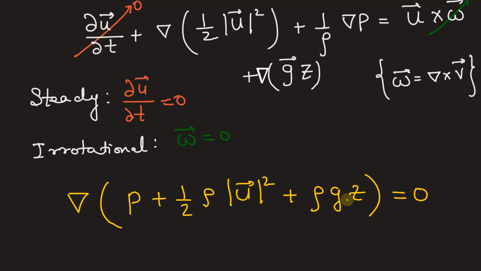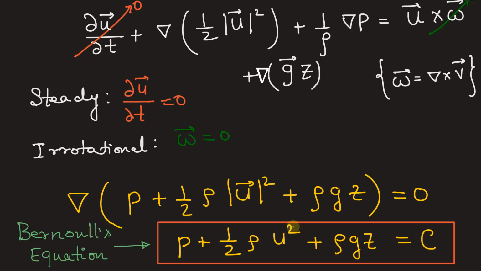And when we integrate both sides, we will get p plus half rho u square plus rho g z is equal to constant. And this is the Bernoulli equation for steady, inviscid, incompressible and irrotational flow.